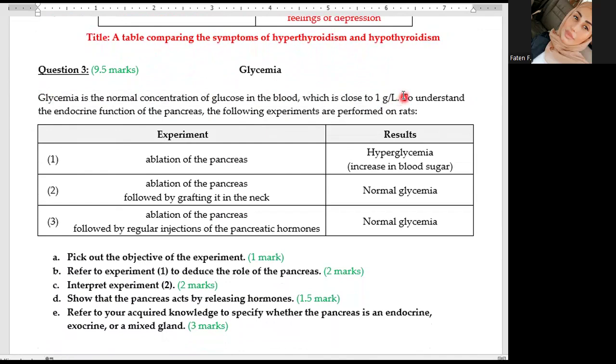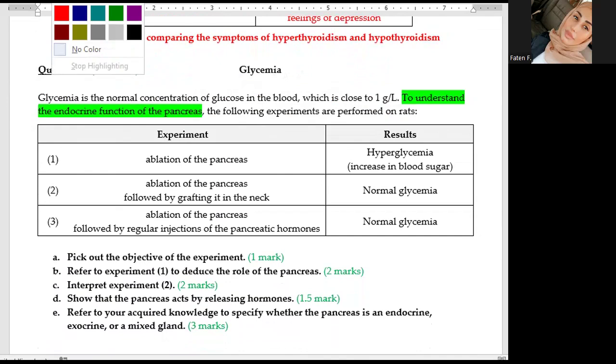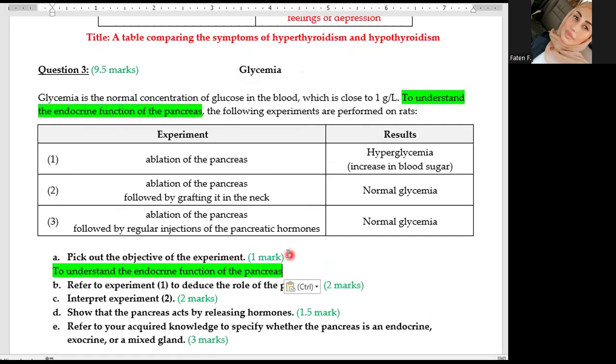To understand the endocrine function of the pancreas, for us to understand how the pancreas functions, the following experiments were done on rats. So here it shows that the objective of the experiment is to understand the endocrine function of the pancreas.